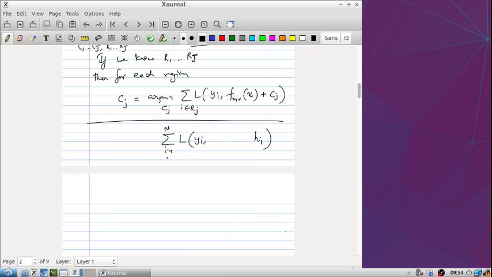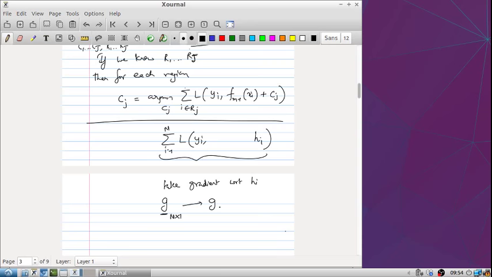So I can always take the gradient with respect to the hi's, which is going to be n-dimensional. Let's call it g, an n cross 1 vector. Let me write one component of it.